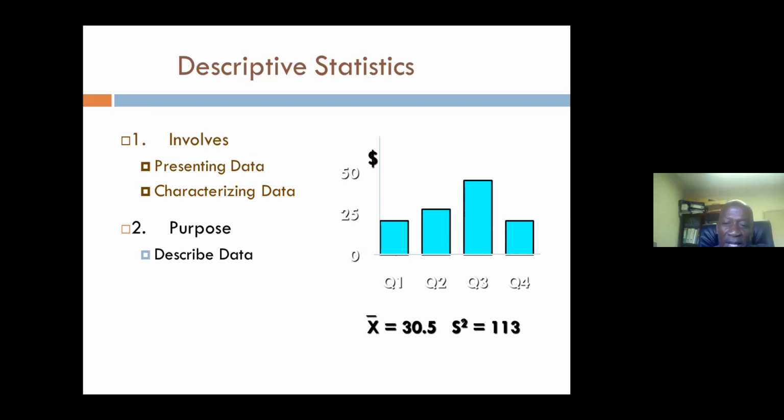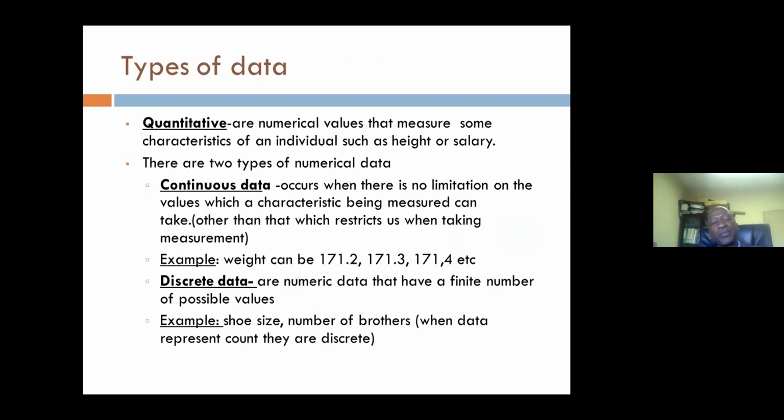You can also summarize our data using numeric descriptive measures like the mean, X bar, and the variance, S squared, so that they typify the important characteristics in the data. So descriptive statistics involves presenting data and characterizing that data, so that we can describe the data.